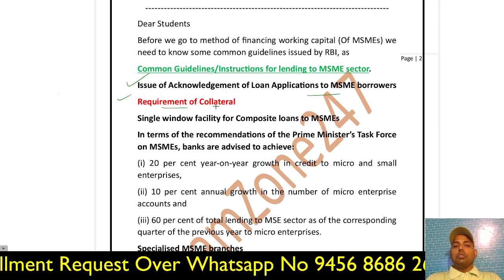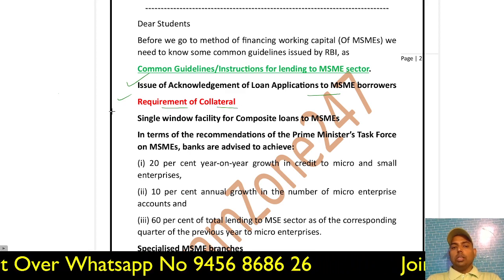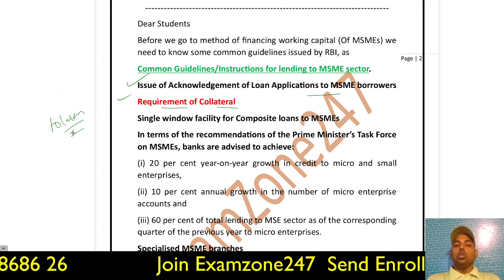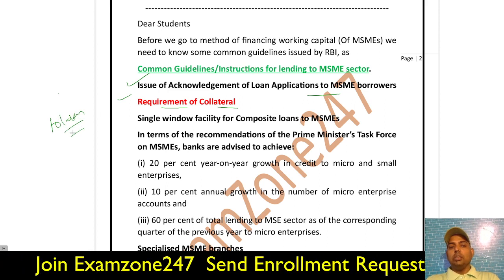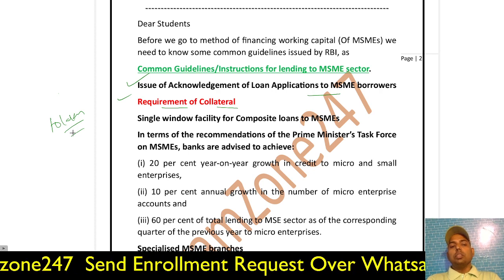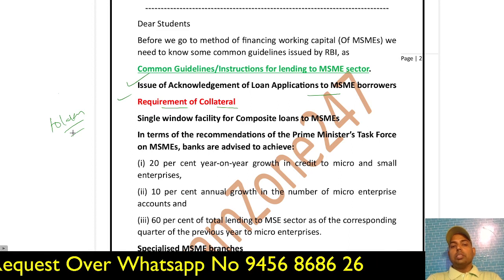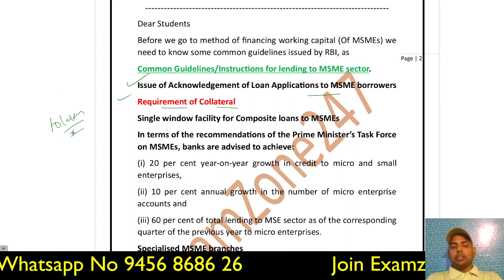What are the requirements of collateral? You know that up to 10 lakhs there is no collateral requirement. What does it mean? It means you shouldn't insist on collateral, but if collateral is available to you, you can easily take it.